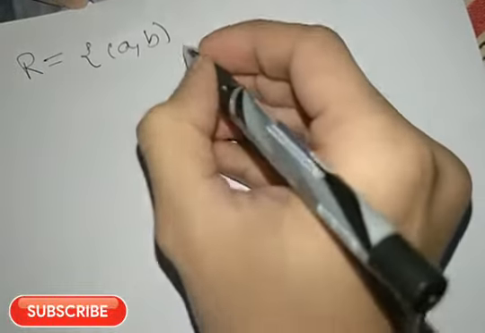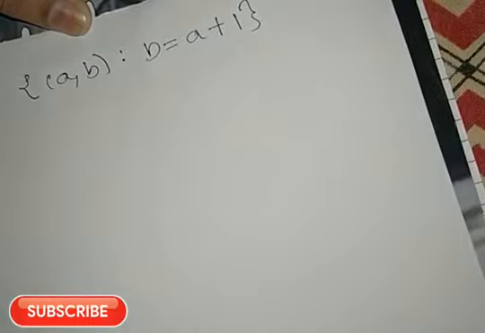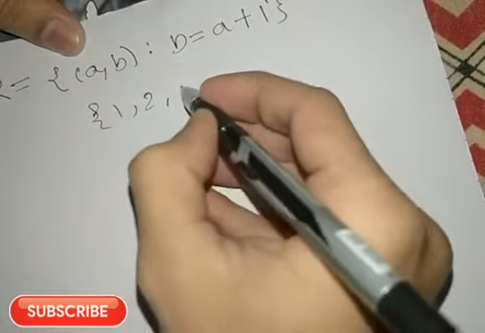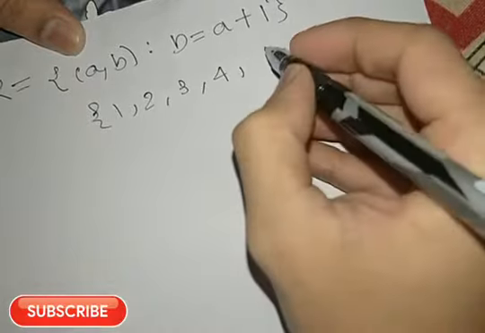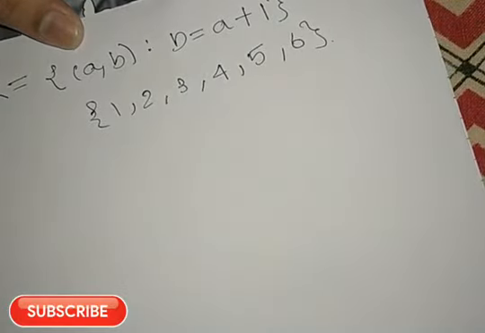So let us write the relation first. That is R equal to (a, b) such that b is equal to a plus 1, and the set given is {1, 2, 3, 4, 5, 6}.